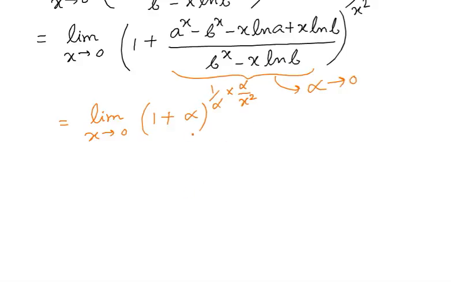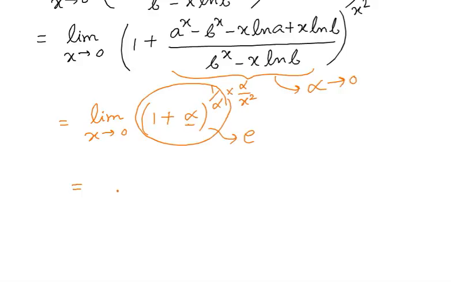I'm writing this as an intermediate step. You can see that alpha is tending to 0, so 1 plus something tending to 0, to the power 1 by that something, has a limiting value which I think all of us know, that is e, because alpha is tending to 0, so (1 plus alpha) to the power 1 by alpha is going to e.